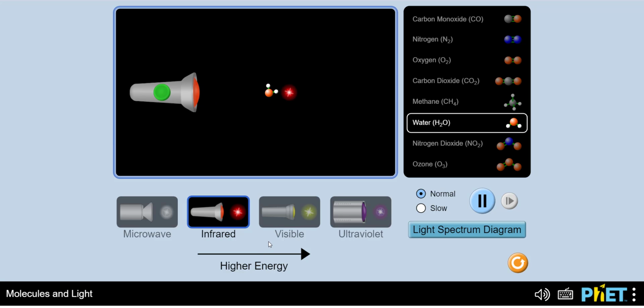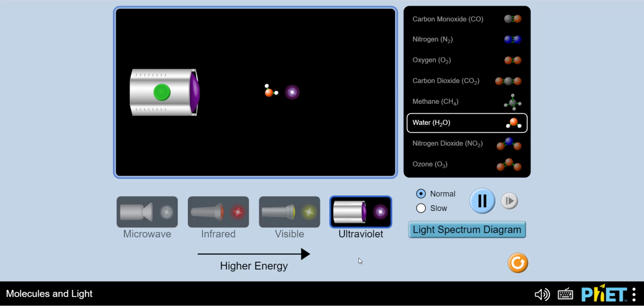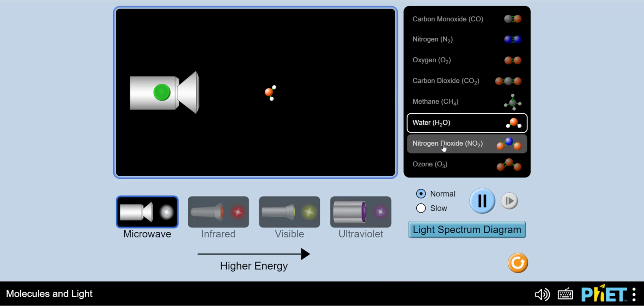Now visible. And ultraviolet. Back to microwave.